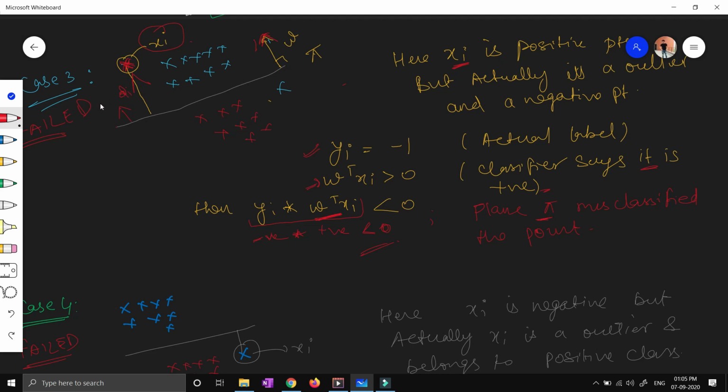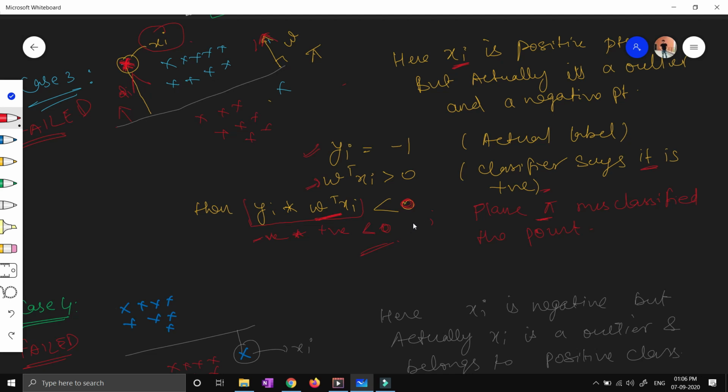This particular case is a failure because actually it's red in color, it's a negative point, actually y equals -1, but because it's an outlier it is here with the positive classes. So my logistic regression classifier thinks that this is also a positive one. Hence if I calculate this particular term, negative times positive, it will become less than 0.